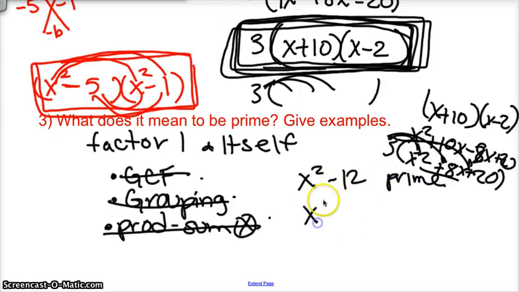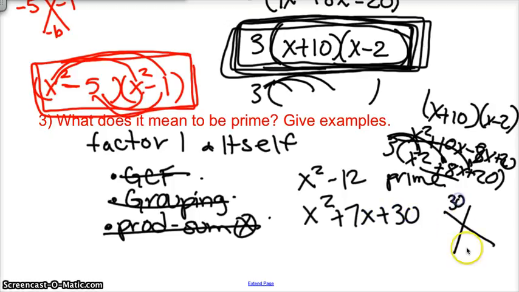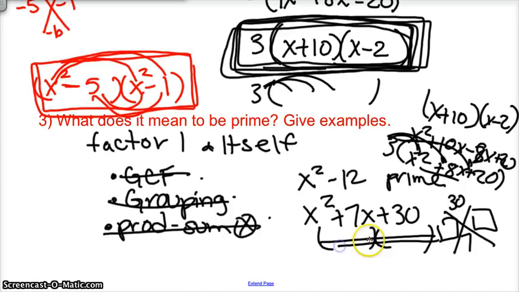If you look at a problem like x squared plus 7x plus 30, all right, well, things that multiply to give me 30, add to give me 7. You can mess around with these values all day. You're not going to find any two things that when multiplied together give you 30 and add to give you 7. It's prime. Can't group it, doesn't have 4 terms.